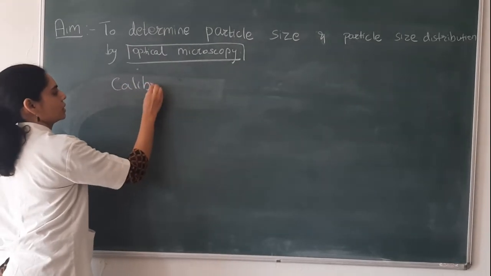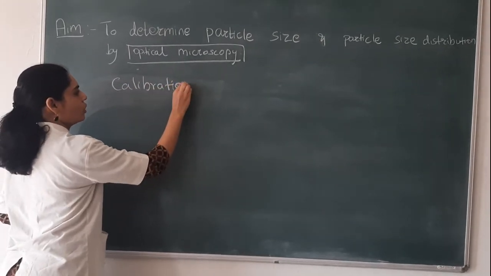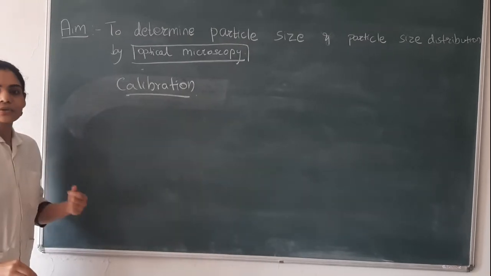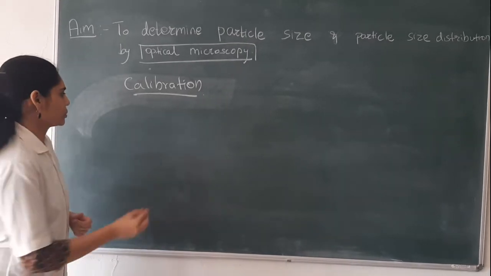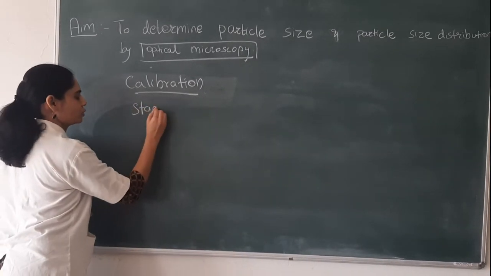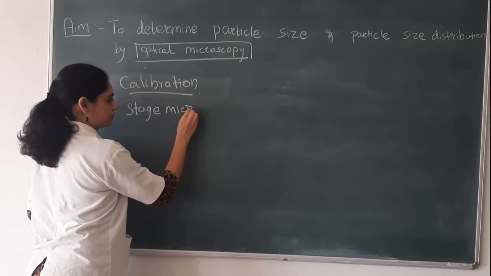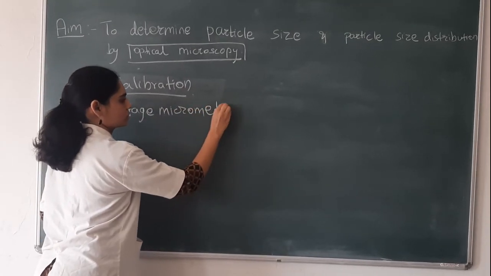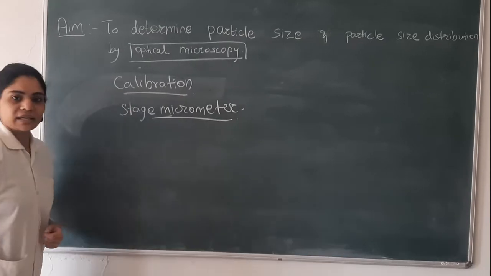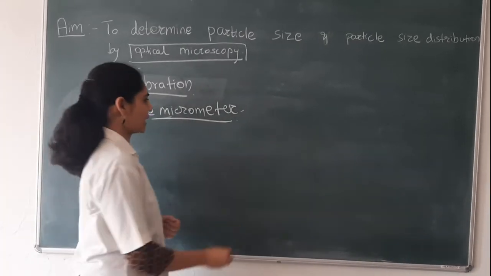Now we will see how we are going to perform the calibration of the eyepiece. As you know, we are going to use the stage micrometer. This stage micrometer is used for calibration.